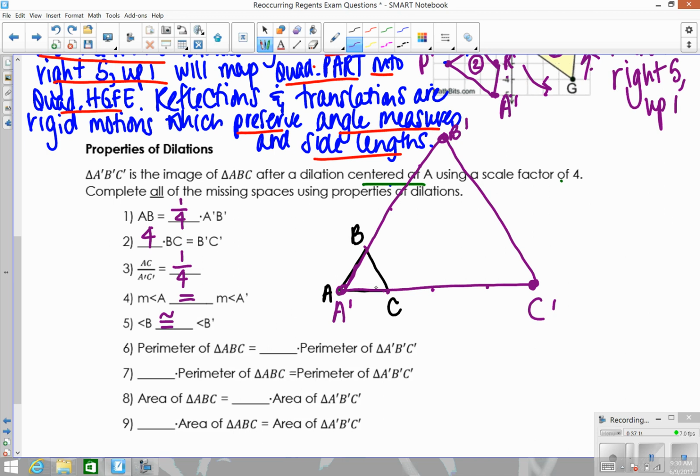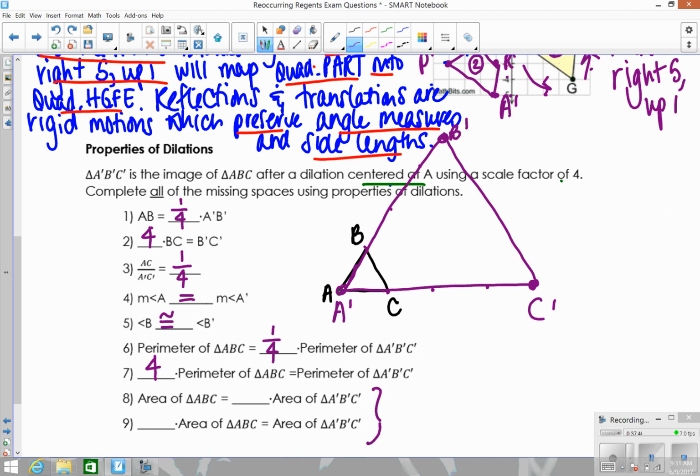The perimeter is in the same ratio as the sides. So the perimeter of the small triangle is going to be 1/4 of the perimeter of the big triangle because the ratio of the sides is equal to the ratio of the perimeters. The large triangle is going to have a perimeter of 4 times the smaller one. So this is going to be 4. And then the areas, you square the ratio of the sides.